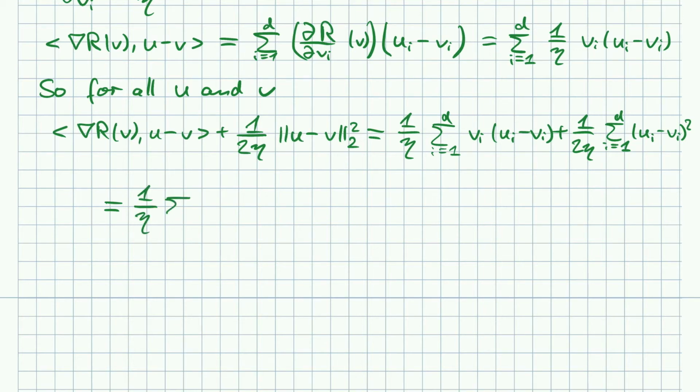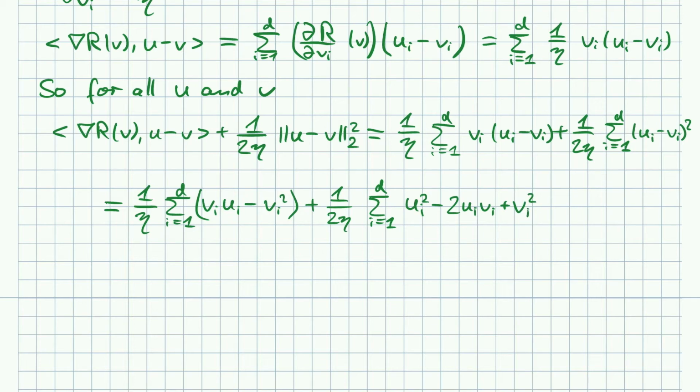Let's see. What we're getting is nothing but vi times ui minus vi in this first part, and in the second part we're getting ui squared minus 2 times ui times vi plus vi squared.